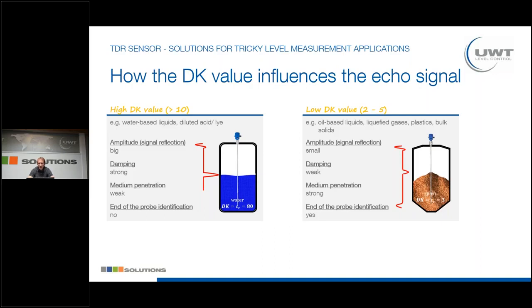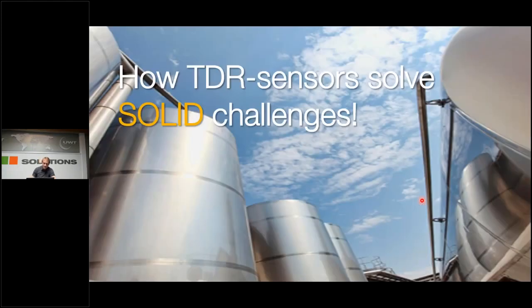So at the end of the probe, we also get a negative downturn. This is what we can see here, this negative downturn. Here we can see the end of the probe, and this is also recognized by the sensor. So this is basically also an important feature.